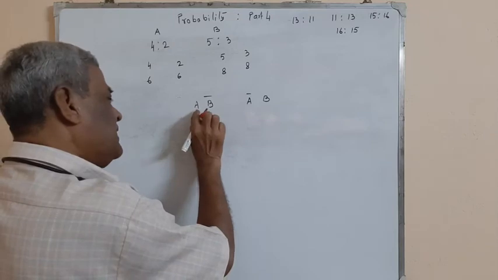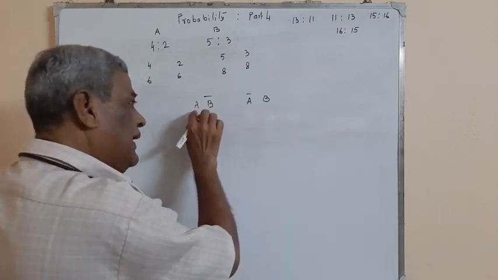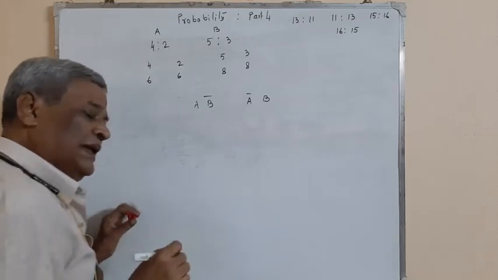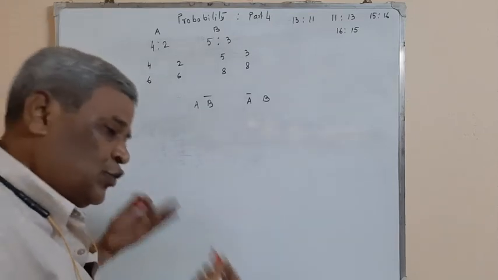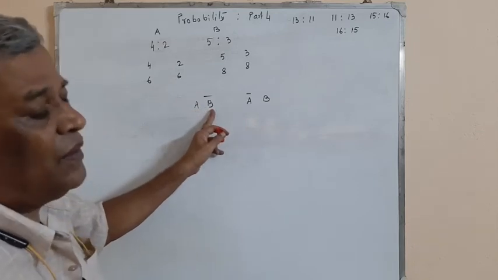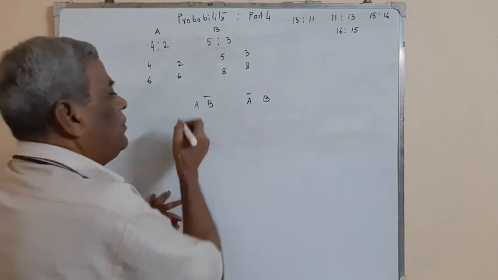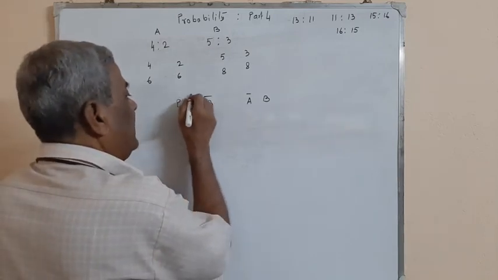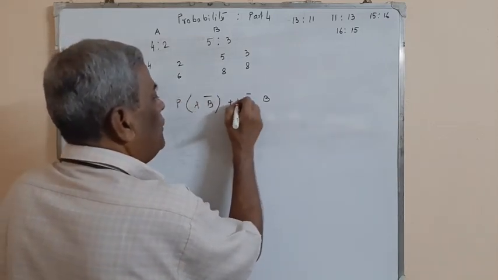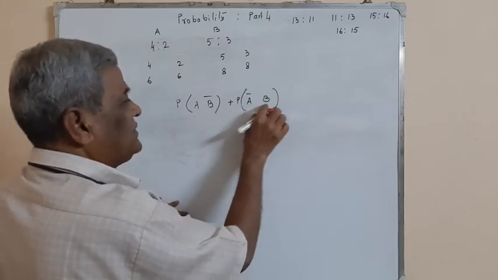And you see, these two events are independent, because whether A will speak true or not does not depend on B, whether he will speak true or false. So they are independent events. So our actual problem is to find the probability of this plus that.